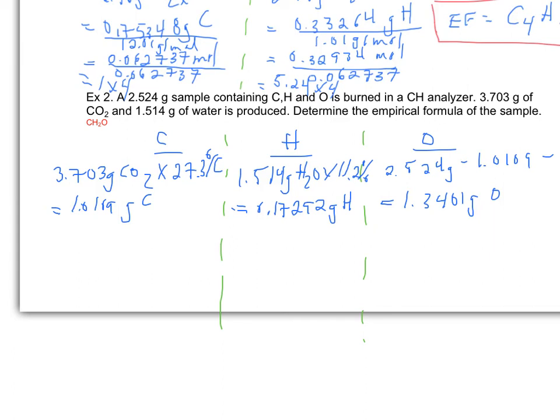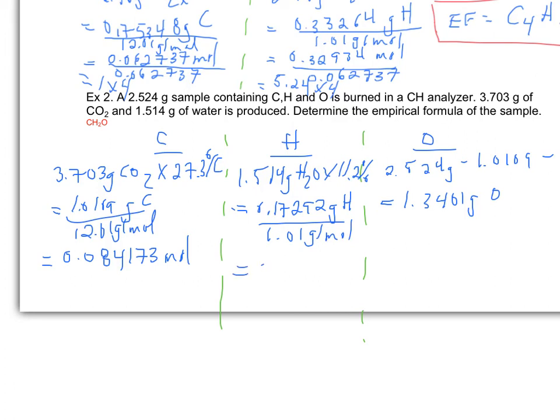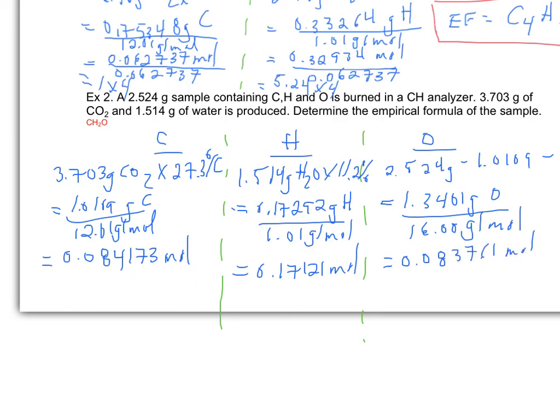Step 2 in the process is to change each of these masses into moles by dividing by their respective molar masses. My oxygen is the lowest number.